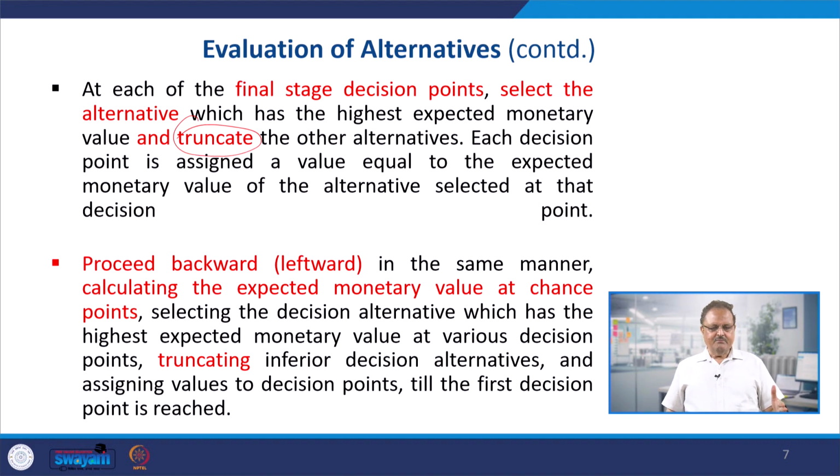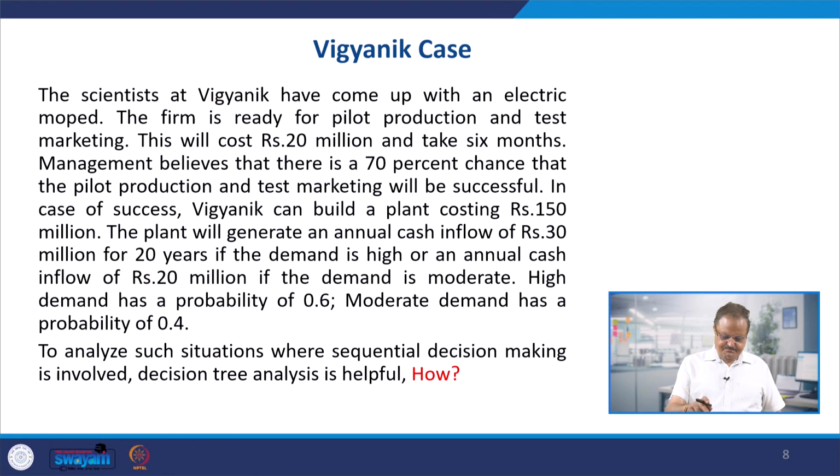If at any stage the indications are not up to the mark, or it's a clear indication that the investment may not be a positive or successful investment, in that case we will have to drop the decision, abandon the decision, and truncate the alternative. Maybe we have to say not to make the investment at all, because the results are not as expected and we are not supported by the outcome of this analysis in favor of making the investment.